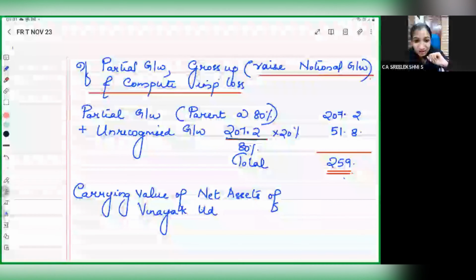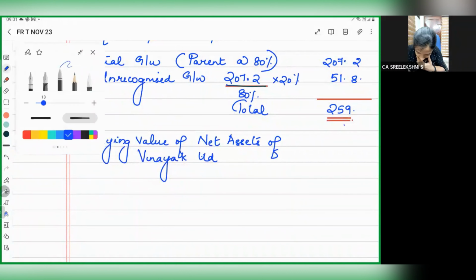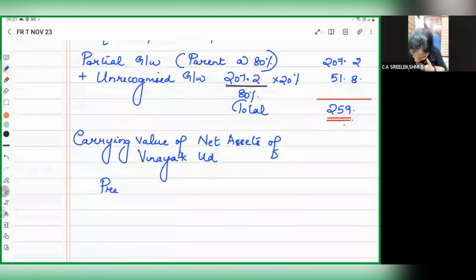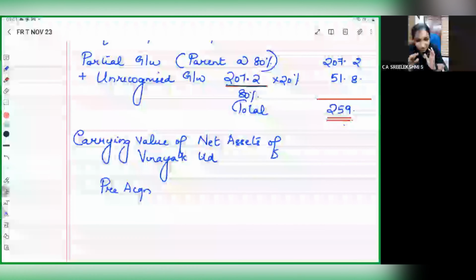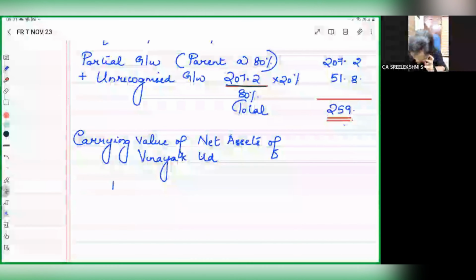Let's go for a shortcut. What shortcut? Opening or pre-acquisition profits. After all the adjustments, including revaluation adjustments, what are the pre-acquisition profits? Or the pre-acquisition opening net assets, that is, share capital plus pre-acquisition profits.